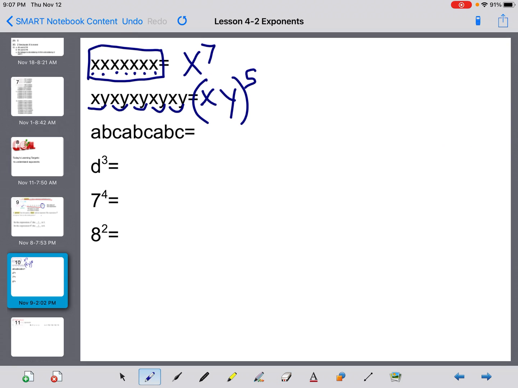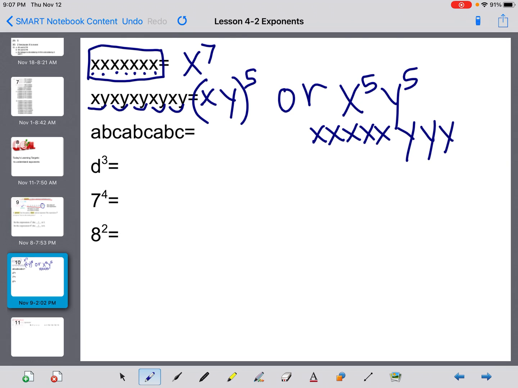Second choice, you could do X to the 5th and Y to the 5th, because you do have X 5 times and Y 5 times. But it's in a different order, you're saying. Welcome to the commutative property of multiplication. Chapter 2 followed us to chapter 4. You can mix these up in any order you want.